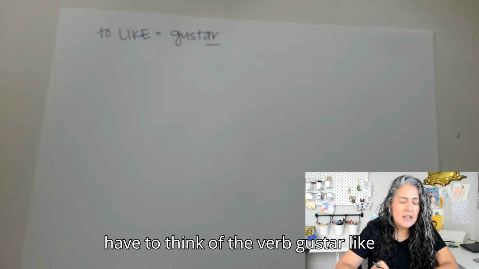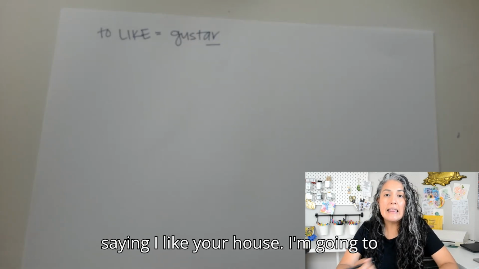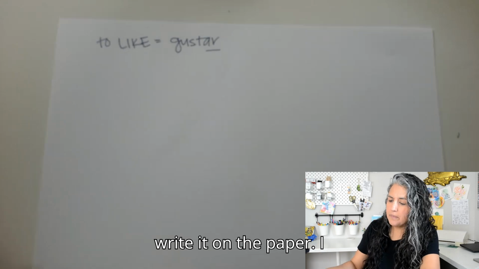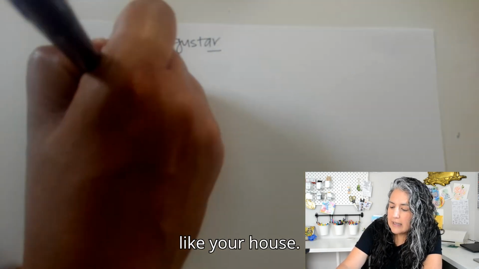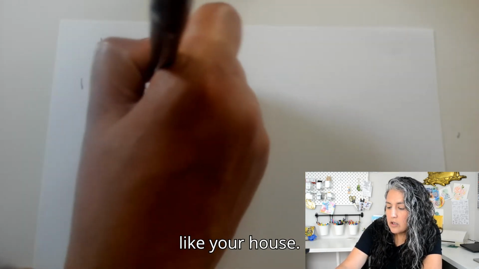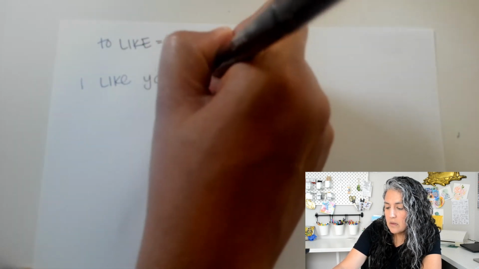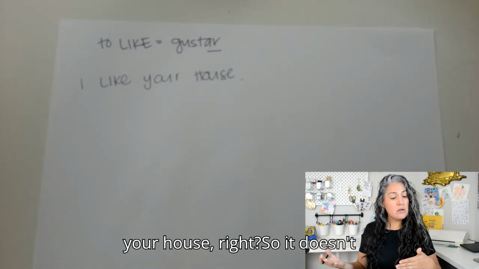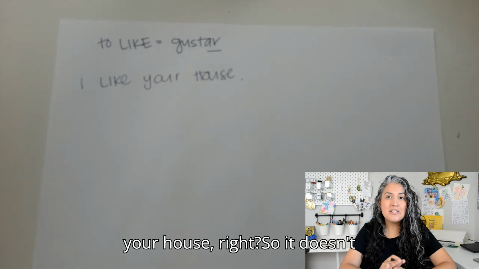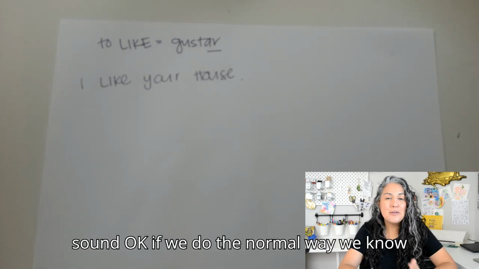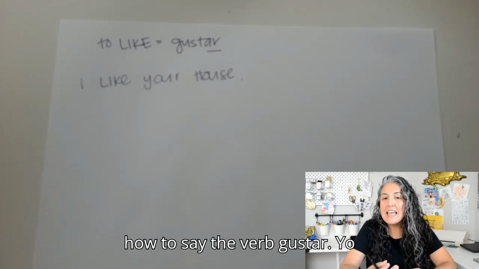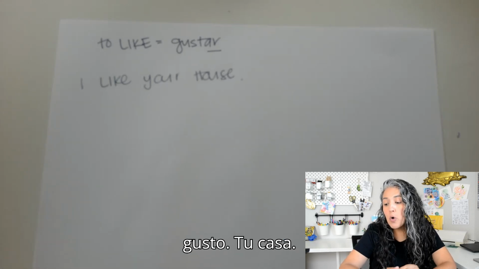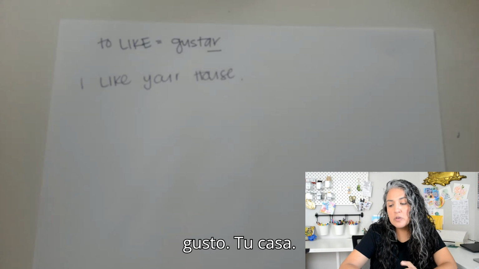So you have to think of the verb gustar like saying, I like your house. I'm going to write it on the paper. I like your house. So I like it, but we're talking about your house, right? So it doesn't sound okay if we do the normal way we know how to say the verbs gustar. Yo gusto tu casa.